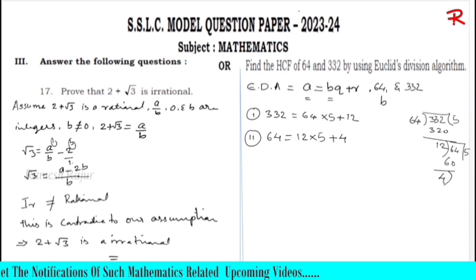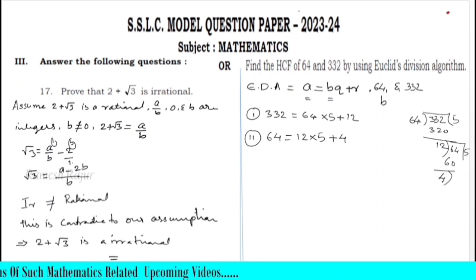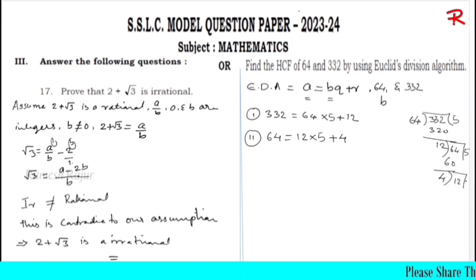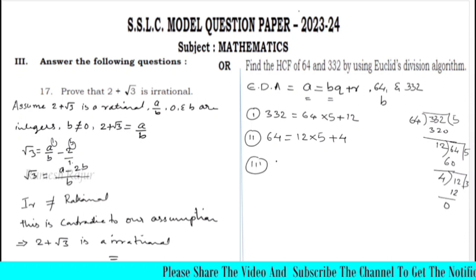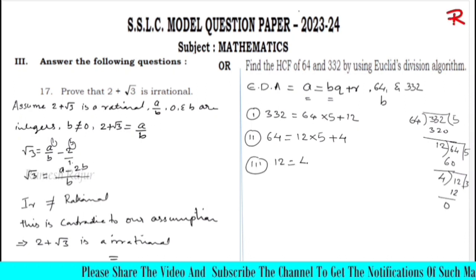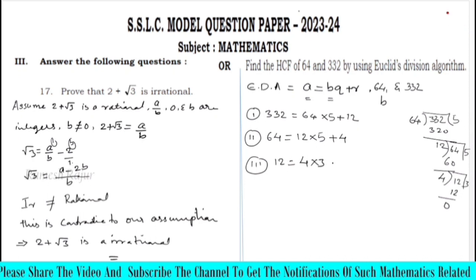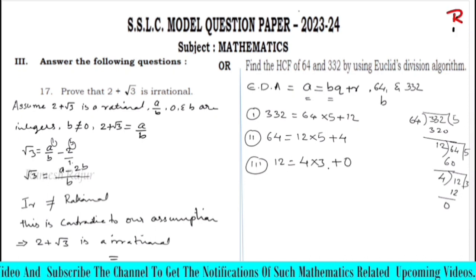Continuing the same procedure, 4 becomes the divisor and 12 becomes the dividend. 4 threes are 12. In the third stage, we have 12 is equal to 4 into 3 plus remainder 0.